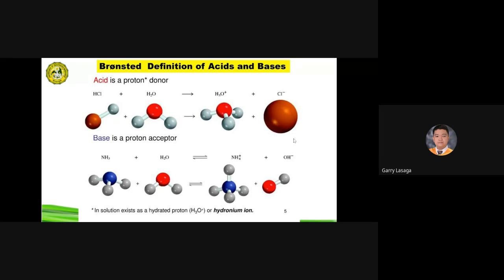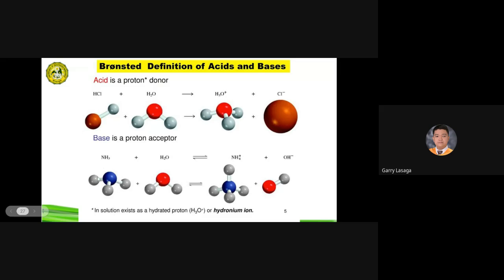This molecule here is considered to be a conjugate base because it loses a hydrogen ion and also it has a negative charge. Yung hydronium ion, it has a positive charge. So usually, pag ang molecule is positive, it is usually an acid. Pag negative naman, it is a base.